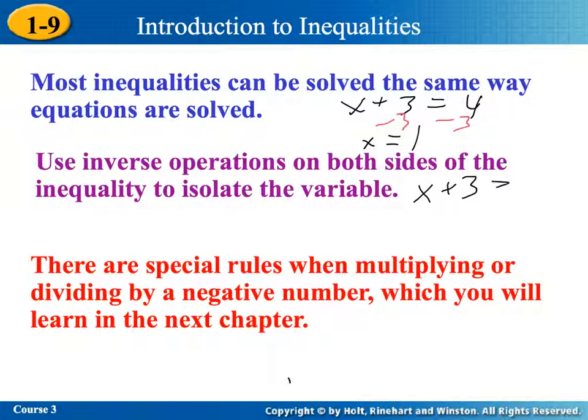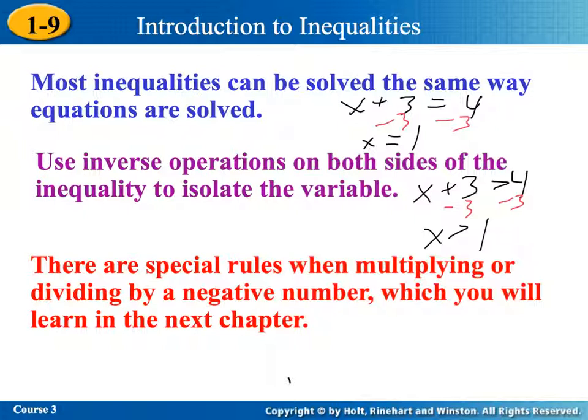x plus 3 is greater than 4. You subtract 3 on both sides. Sorry, that's supposed to be a 4, not a 1. Subtract 3 on both sides, and x is greater than 1. It's the exact same way. We do the exact same thing we did when we started dealing with one-step equations from chapter 1.